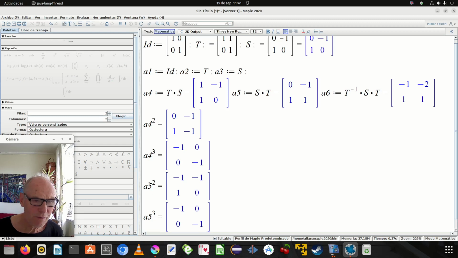So A5 generates a group with 3 elements.